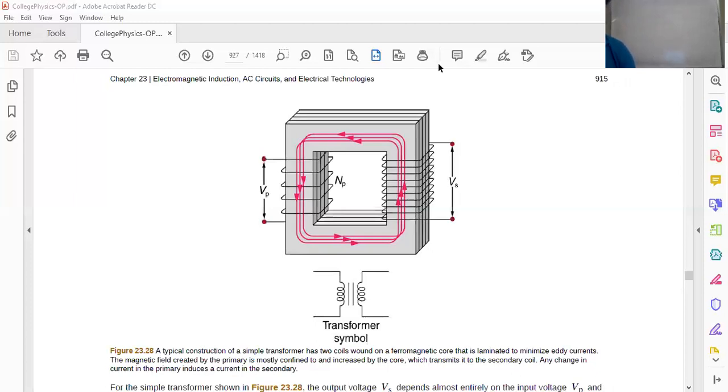All right, so let me make more sense out of this. I'm going to try to draw the picture that you just saw. Let's understand how this works. So here is the magnetic core.